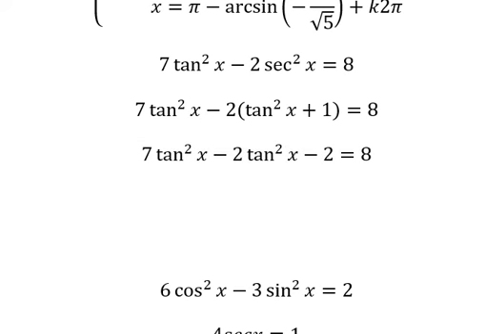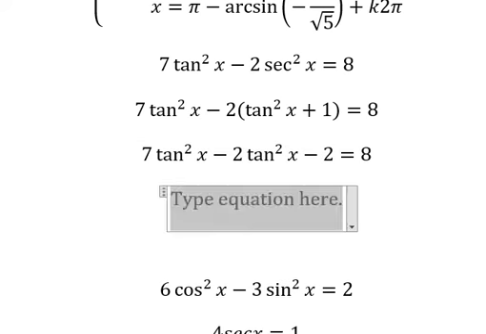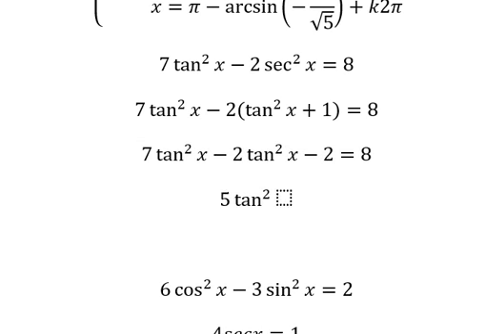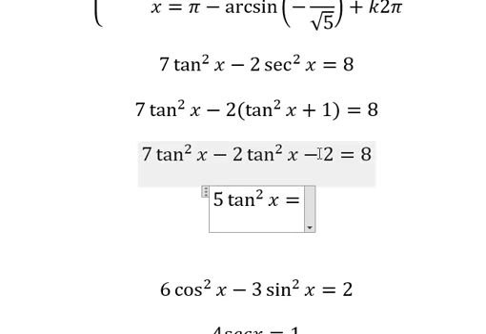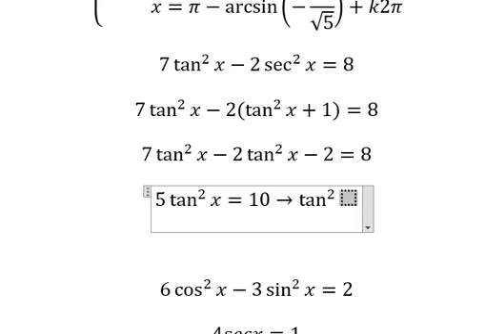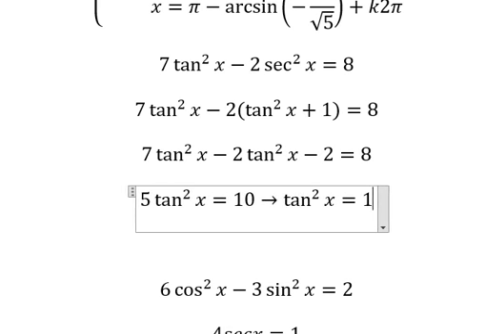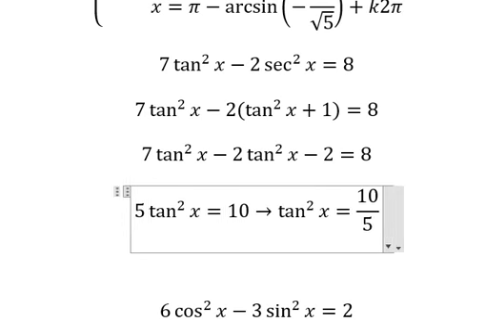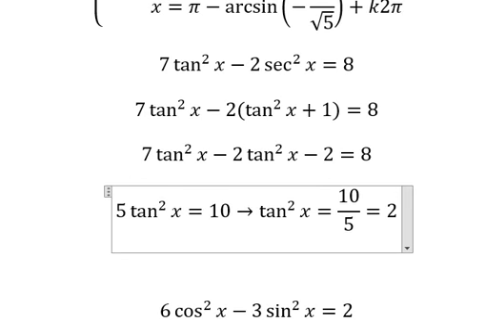Seven minus 2, you will get 5 tan x squared. Negative number 2 we put on the right, you got 10. And tan x squared equals 10 divided by 5, and you got 2.